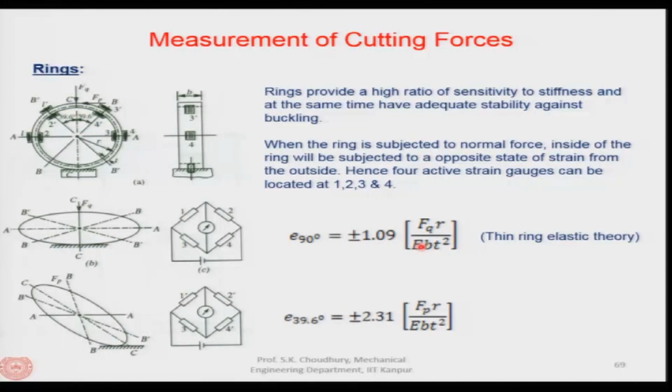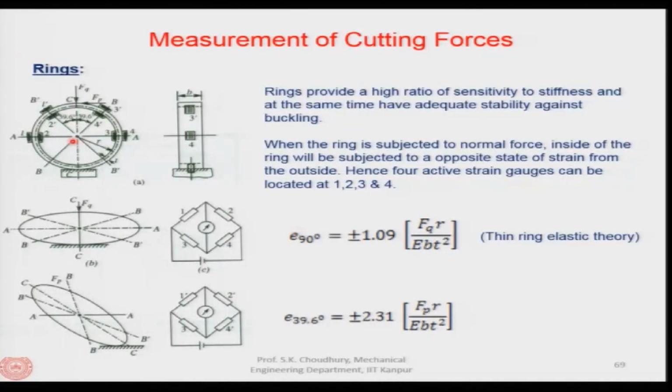E is the Young's modulus of the material of this structure, B is the width as shown, and T is the thickness of the wall of this structure.